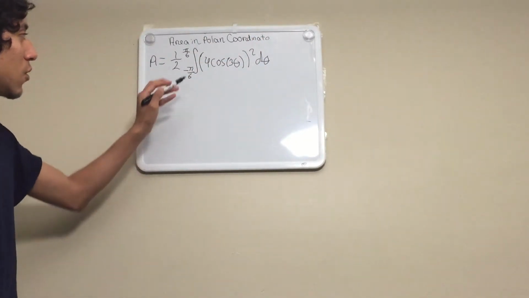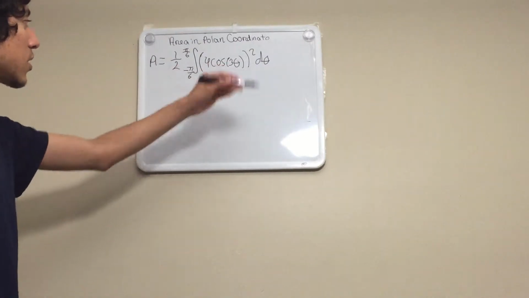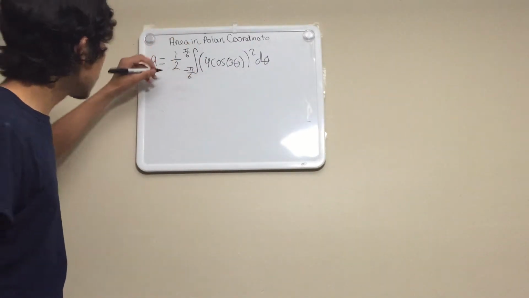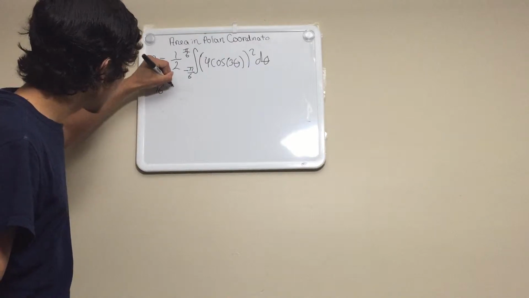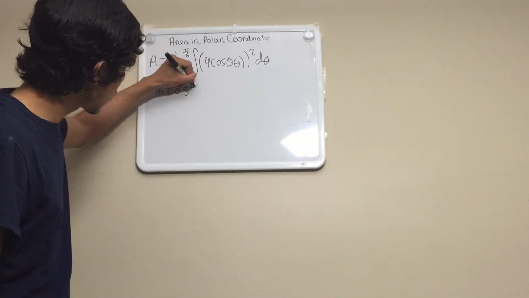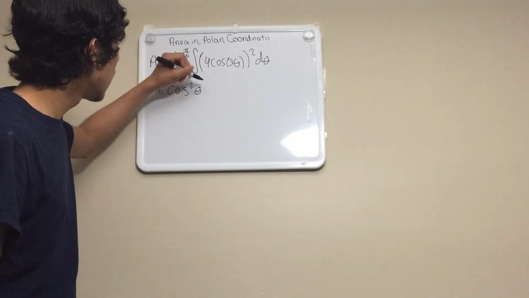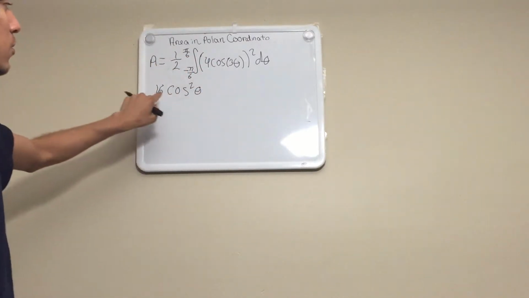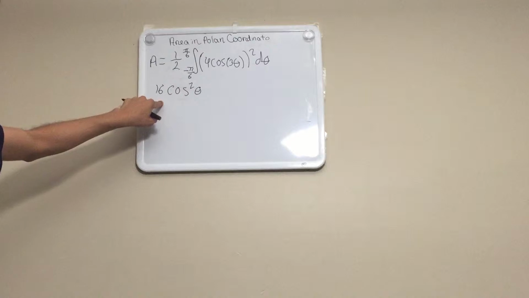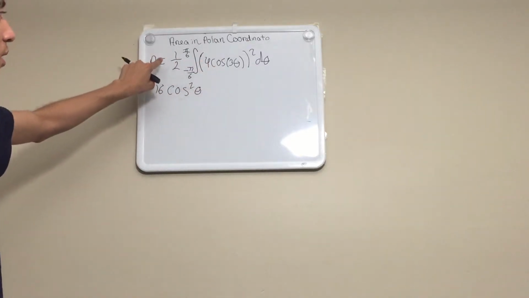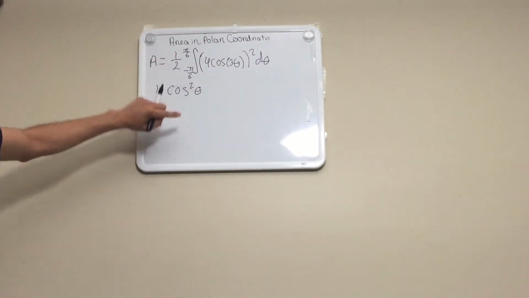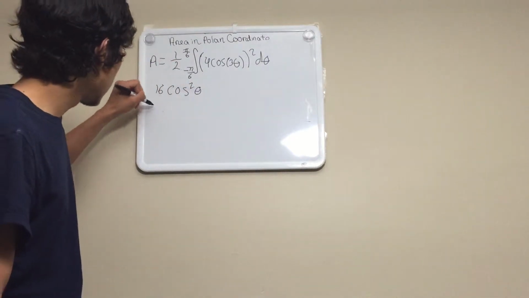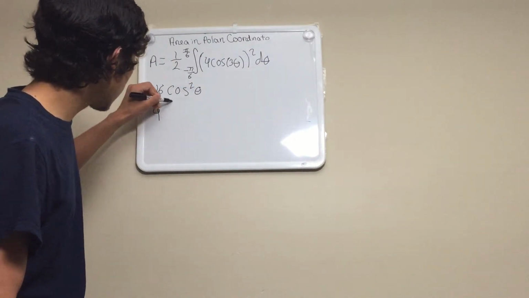Okay, so simply what we can do is start squaring. We know this is going to be 16 cosine squared 3 theta, and then we can move the 16 out to the front, and 16 divided by 2 is 4.